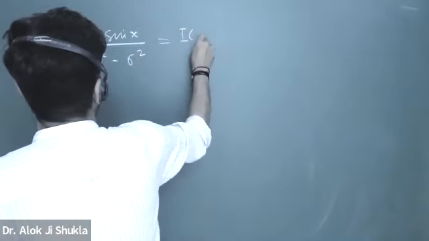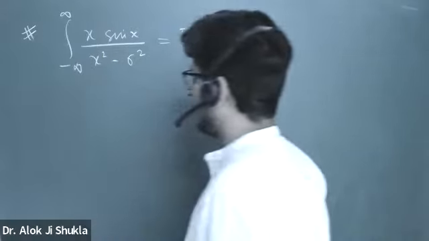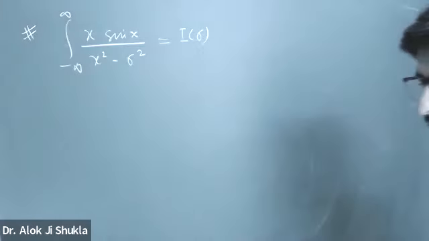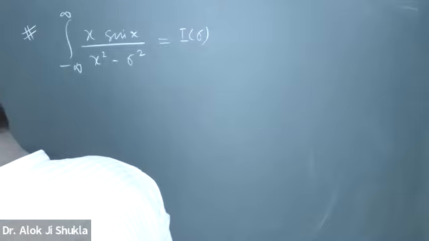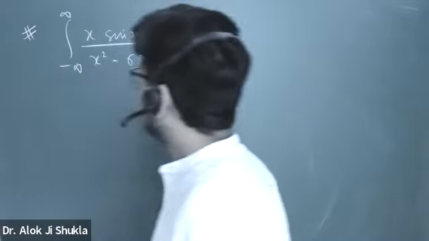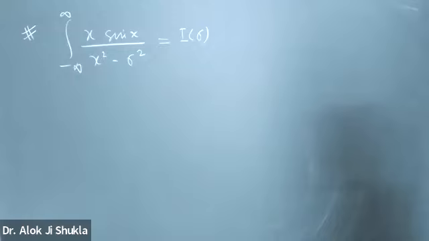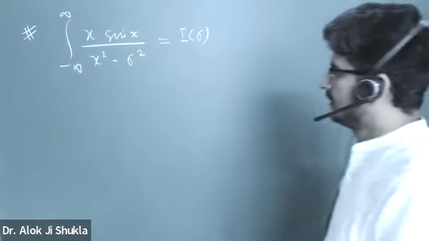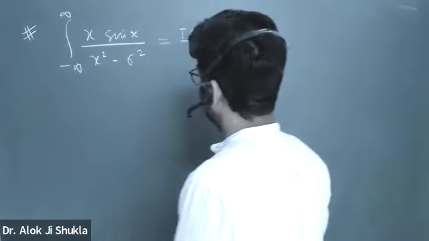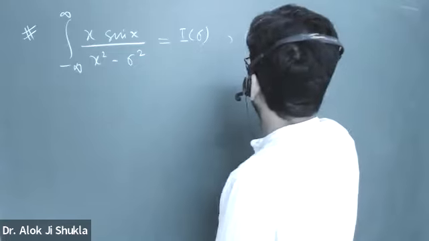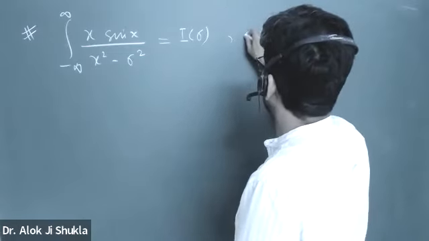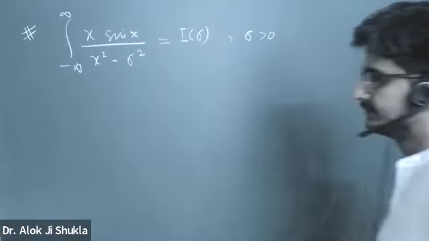This is some intensity, and this appears in quantum mechanical scattering and cannot be handled otherwise. It can only be solved using contour integration. So let us try to solve this. Here it is given that sigma is some scattering coefficient and it is positive.